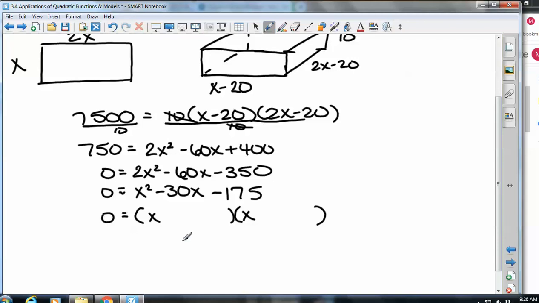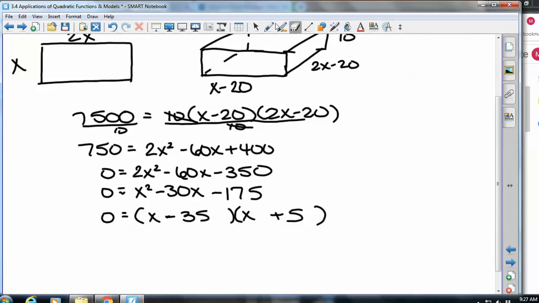Multiply to negative 175, add to 30. Except we'll do negative 35 and positive 5.